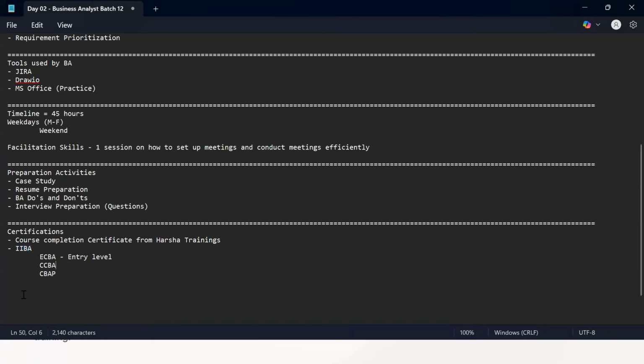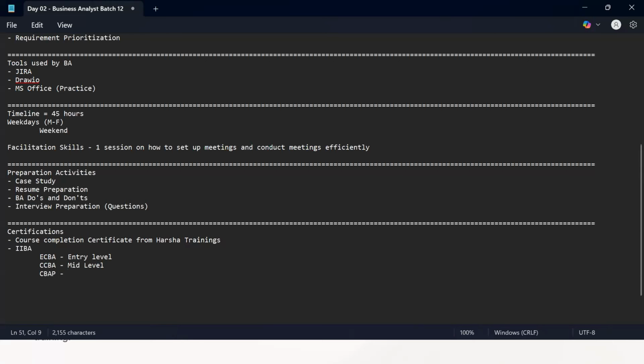Now CCBA is for candidates who have some experience working as a BA other than just training knowledge. So this is more for people who have started working as BA and have around 2 to 3 years of work experience as BA. They can appear for the CCBA certification.